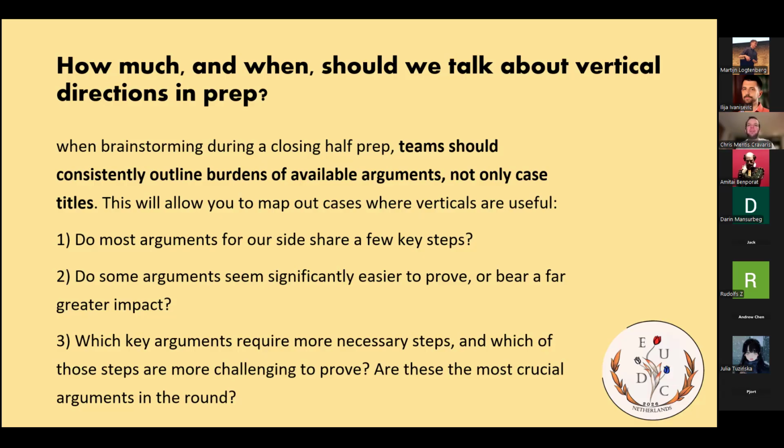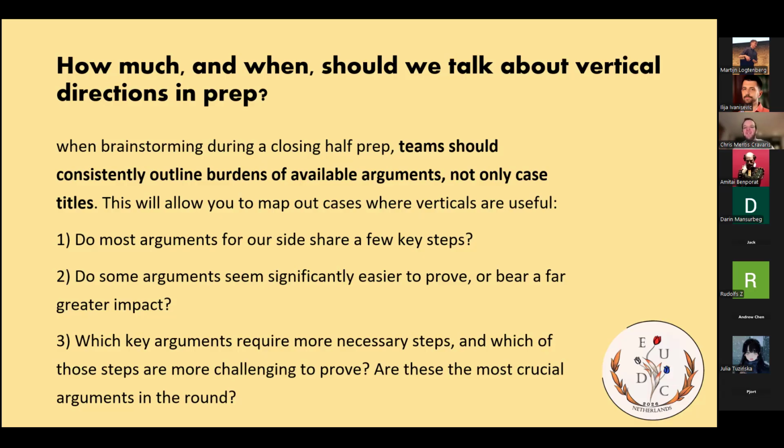So ultimately, by asking these questions, what will the judge be asking me, what are the responses to my argument, etc., during prep time, go beyond just headlining arguments, but figure out what the more specific sub-steps are.